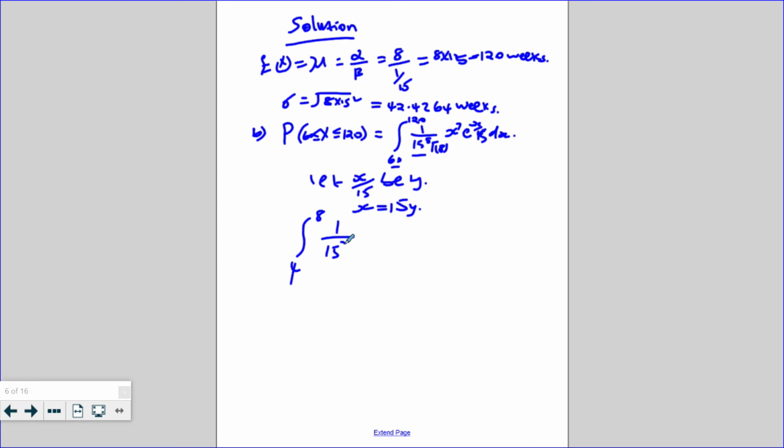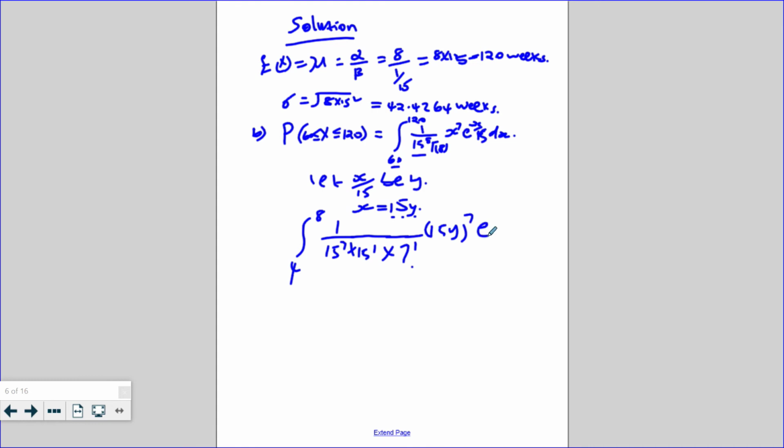15 to the power of 7 times, of course, 15 to the power of 1, and then the function of 8, which is 8 minus 1 factorial, and of course it is 7 factorial, and then x to the power of 7. But now we said instead of x, it's actually 15y, so it is 15y to the power of 7, and then exponential.